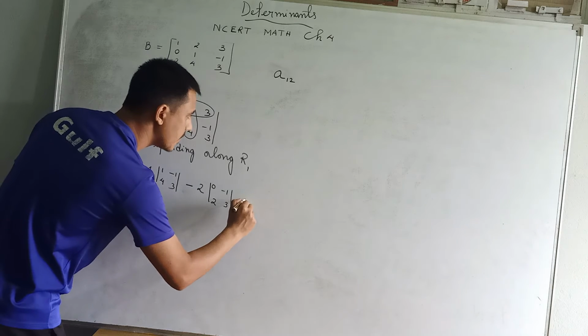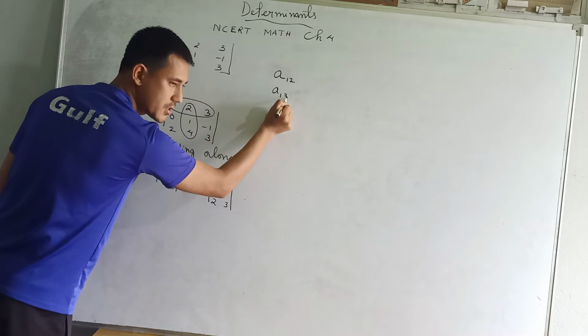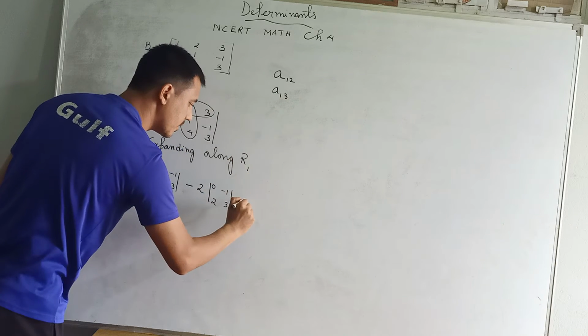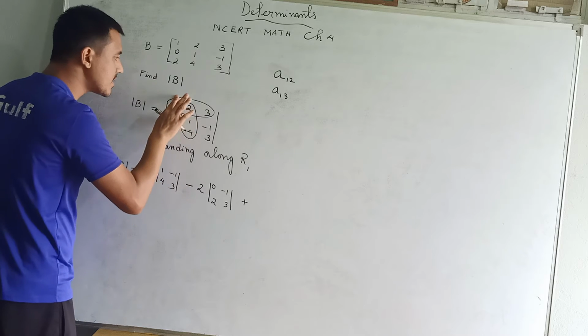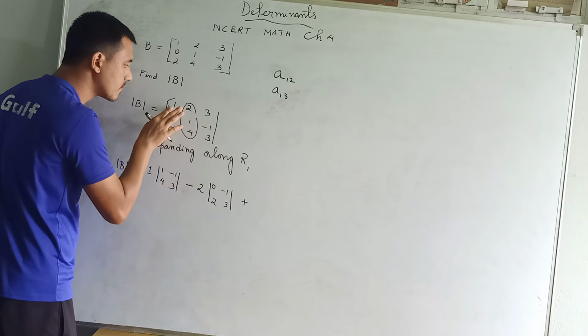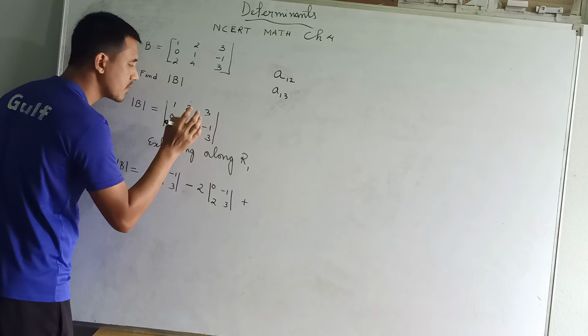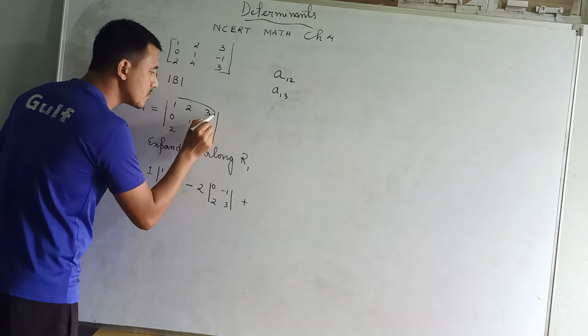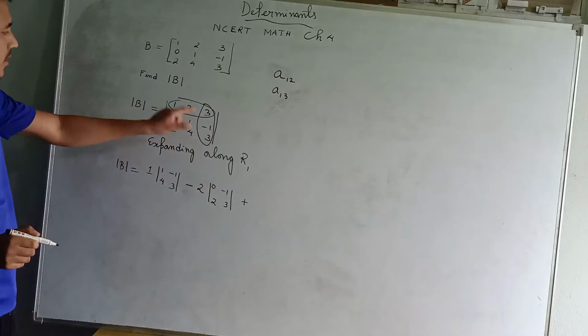Next, the next element will be a 1, 3. 1 plus 3, 4, even, plus. Now, this element belongs to the first row and the third column. So we'll neglect this particular row and column.